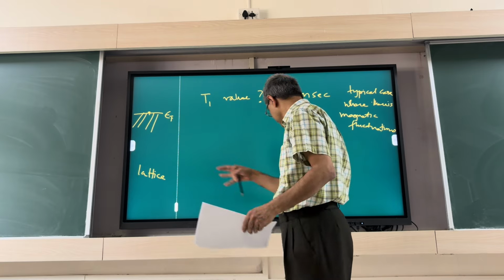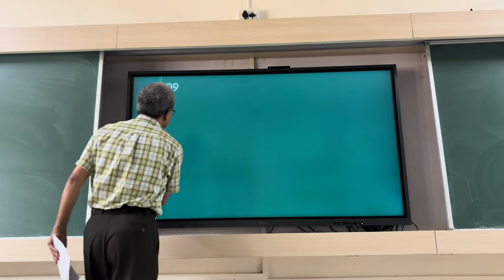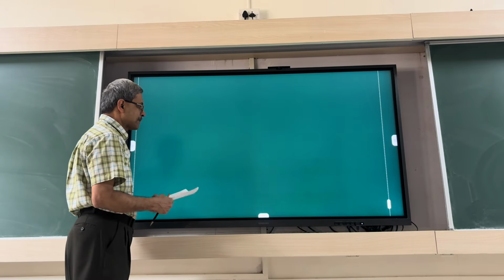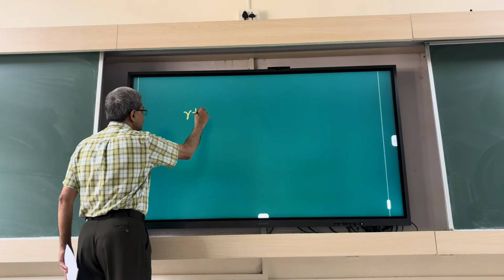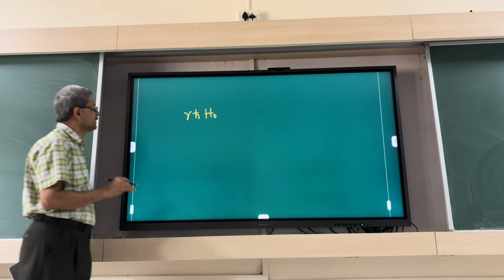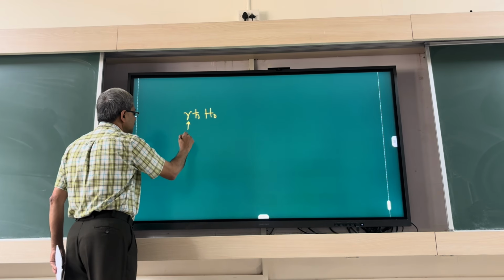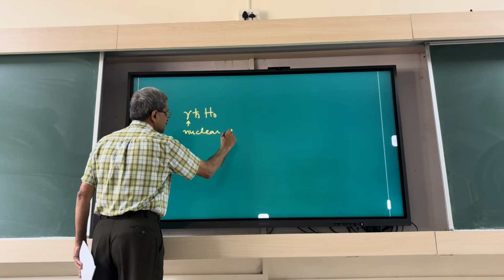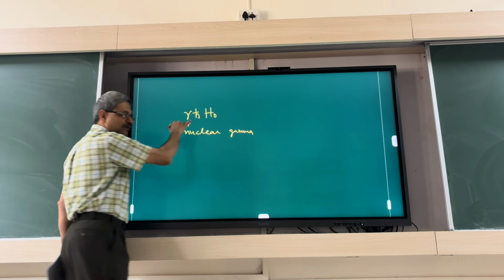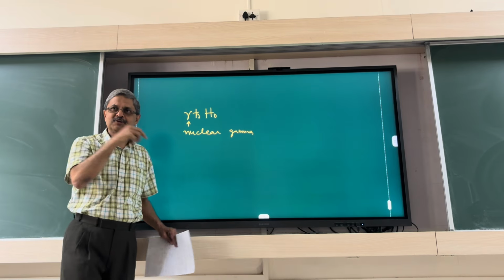I'll do a quick answer, then we can detail it later. First point: this energy level difference is gamma h bar H naught, where this is the nuclear gamma. For the electron it is h bar by 2mc and so on, inverse of the mass.